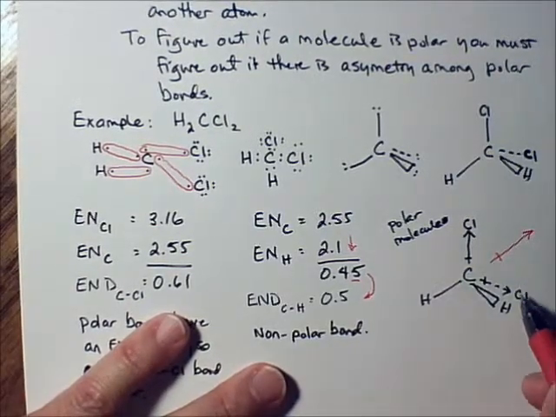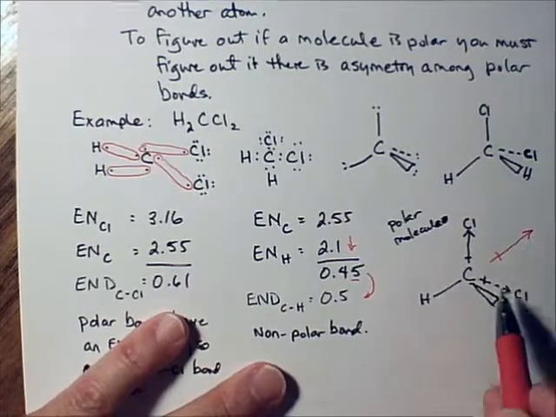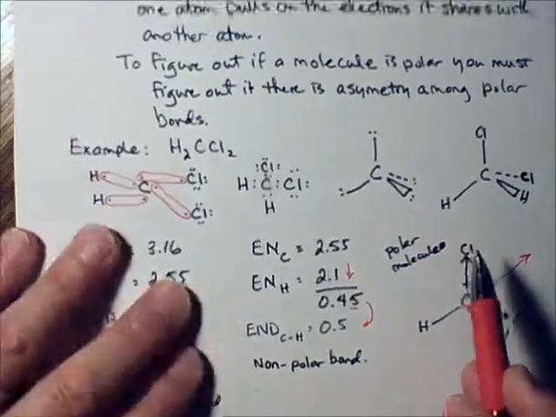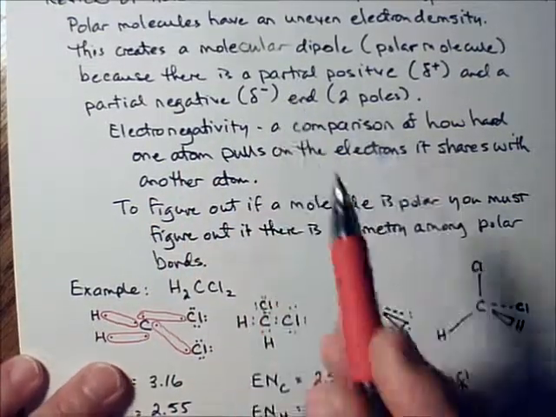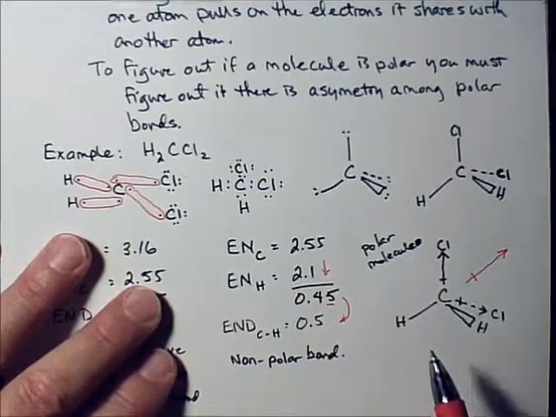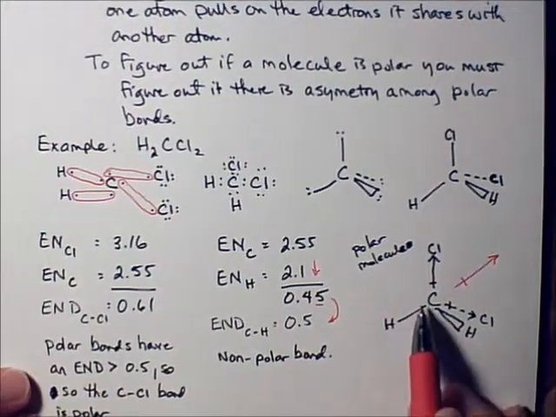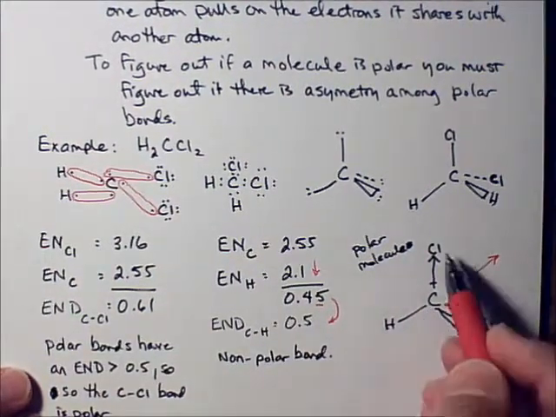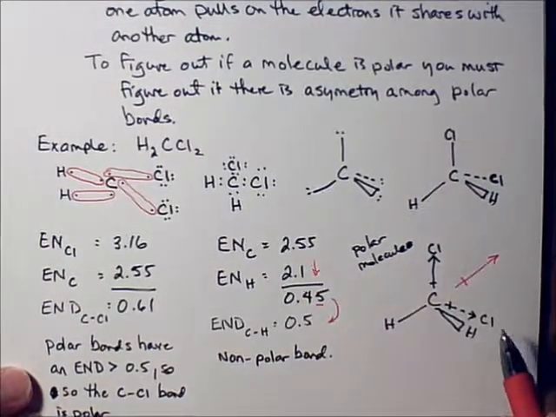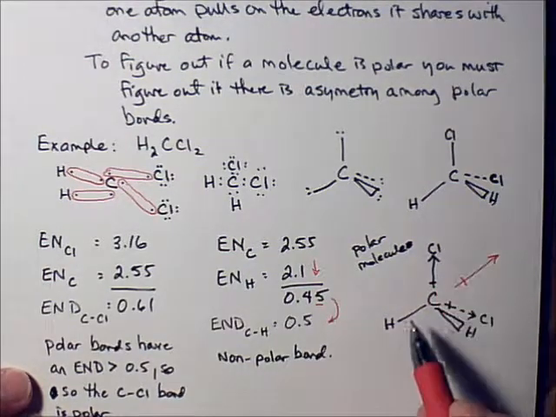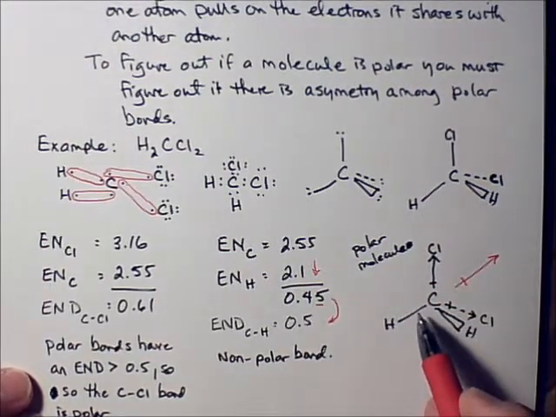Okay? And now, if the dipole moment lies over here, in this direction, what that means is, by definition, up here, the chlorines are pulling on the electrons more strongly than the carbon is. So the electrons are spending more time over here. That means the electron density is greater over here and here, and less dense over here.